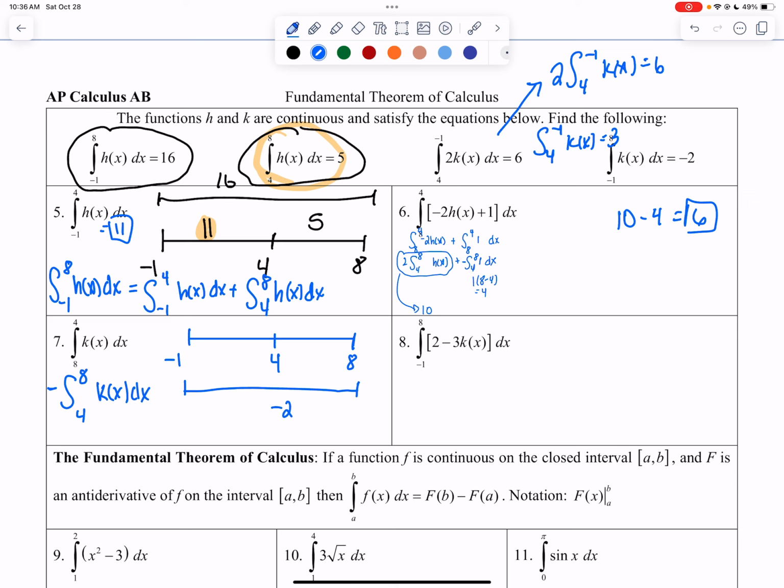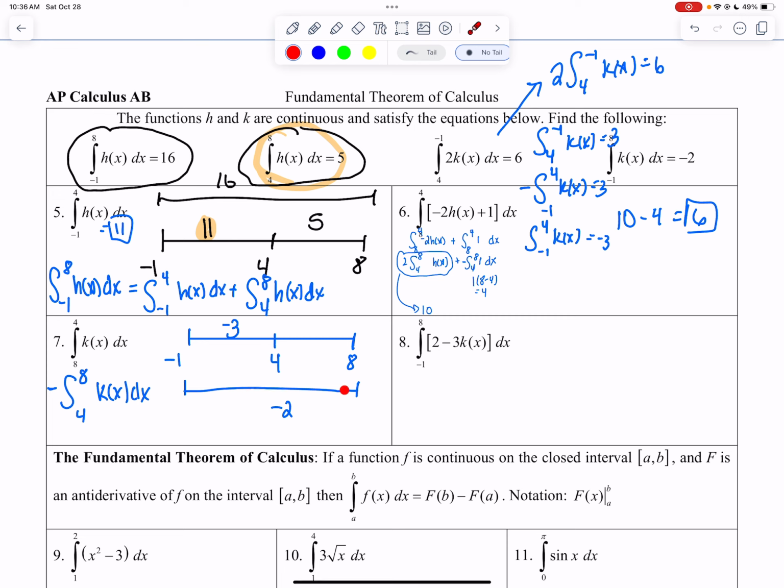And then, because it's not from left to right, I'm going to flip it so that I have negative 1 to 4 right here, which means that the integral from negative 1 to 4 of k of x is negative 3. So this is negative 3.